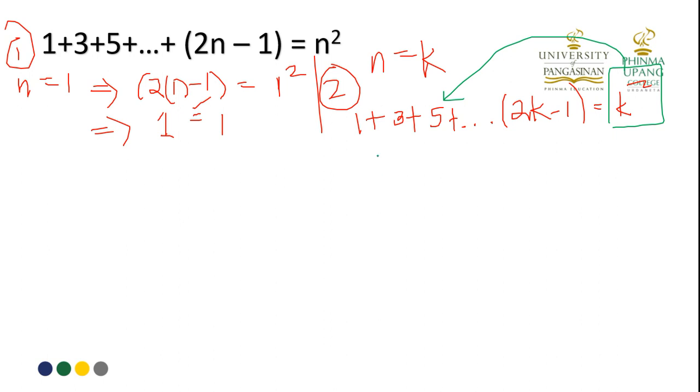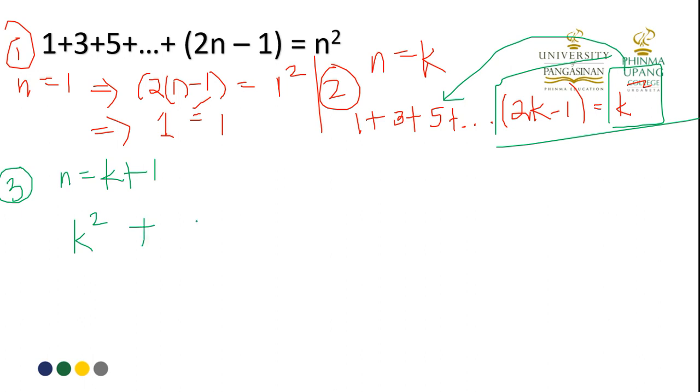Para hindi na natin siya isulat, ilalagay ko na dyan is n is equal to k plus 1. So, lahat ng makikita mo sa right side, papalitan natin ng k plus 1, lahat ng k na nakikita nyo. So, yung 1 plus 3 plus 5, papalitan natin siya ng k squared is equivalent to plus. So, may plus dyan, di ko nalagay.